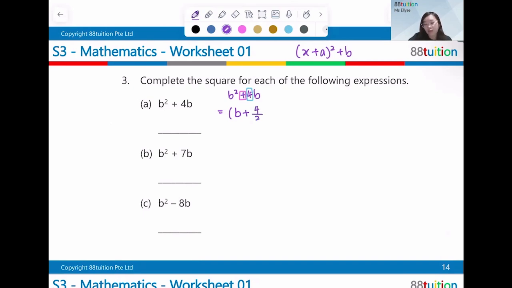So you see that it's a 4 over 2, I close the bracket, square. Then I move on to minus whatever the number here is. Whatever this number here, I just square it. Minus that number square. Then this is the end of complete square already.